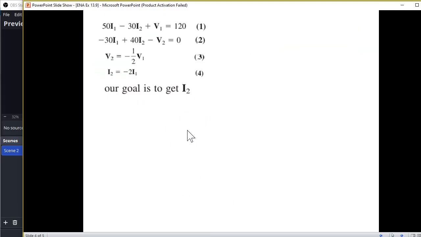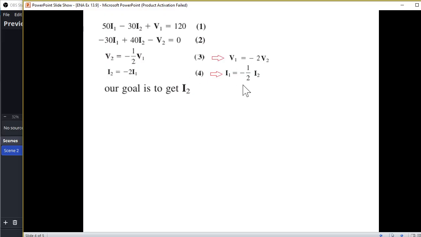So these are the 4 equations. Now our goal is to get I2. Let's further simplify this. We can write from here V1 is equal to minus 2V2. And similarly from here I1 is minus 1 over 2 I2.